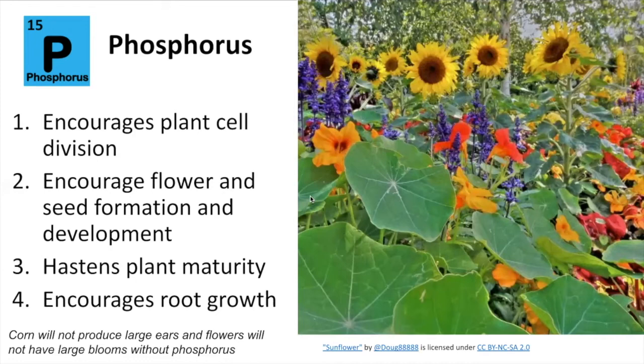If you go down to a farm supply and you see a bag of fertilizer that has an analysis of 30-0-0.